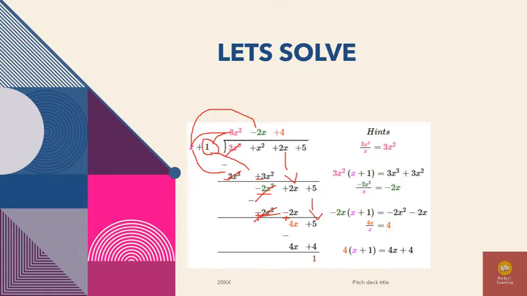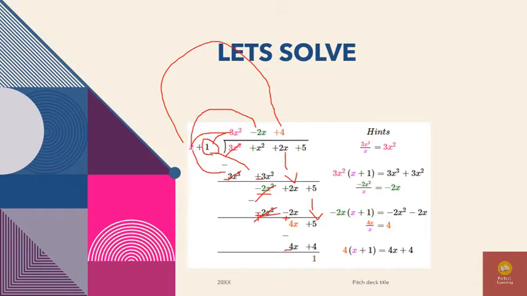Now to get 4x, we multiply x into plus 4 and it becomes 4x, and the symbol changes, so it becomes minus 4x. When we multiply 1 into plus 4 it becomes 4, and the symbol changes, minus 4.